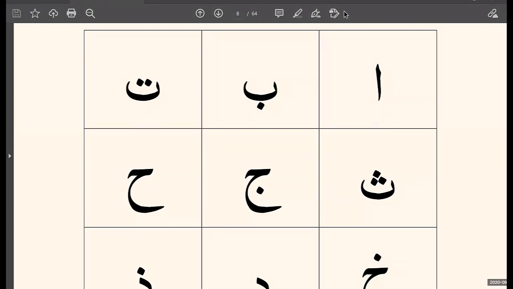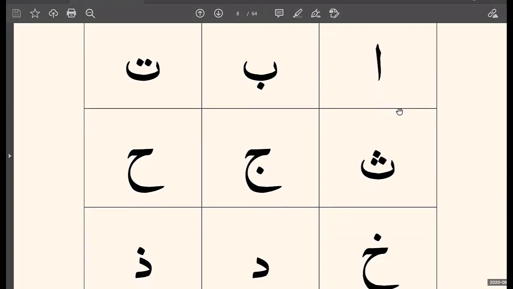Could you please accept? Assalamu alaikum. Wa alaikum assalam wa rahmatullah. Jazakumullah, Andrew. Brother, could you please read vertically this column, starting from Alif, first column, please.